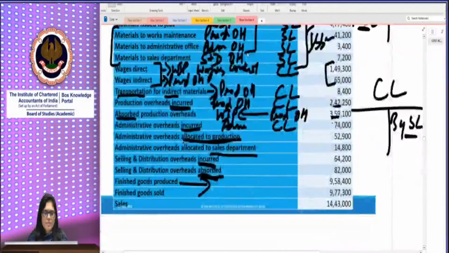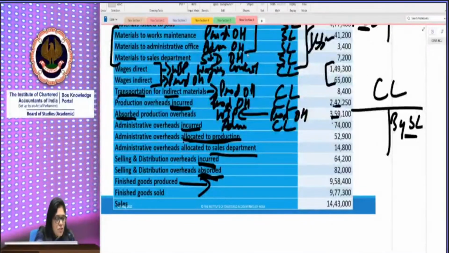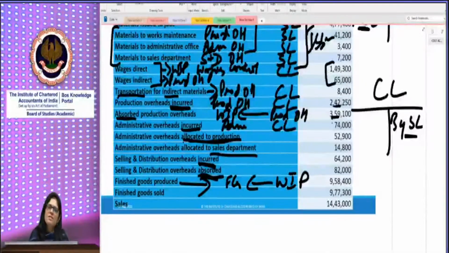And of course, then finished goods sold. Quickly. Very good, Manisha. Finished goods produced means it will go to finished goods control account from WIP. Whatever is produced, it will go to finished goods control account from WIP. It's transferring to finished goods because they are produced.